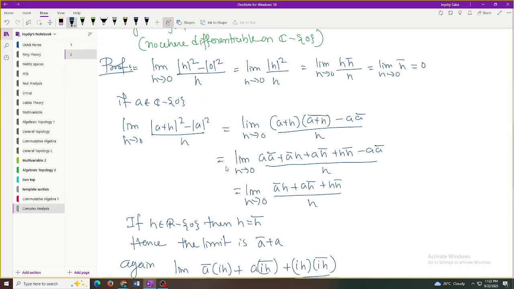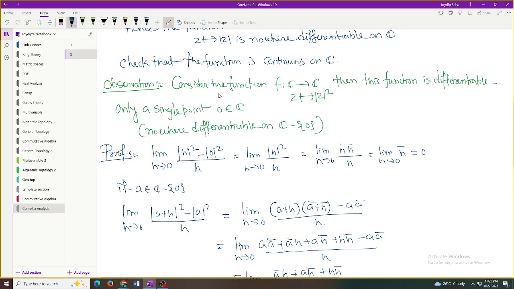So can you give me an example of a real function from R to R that is differentiable at only a single point?